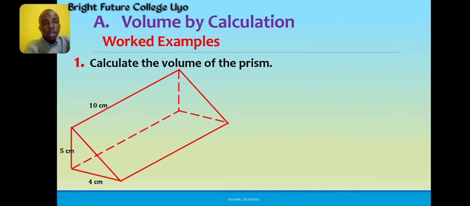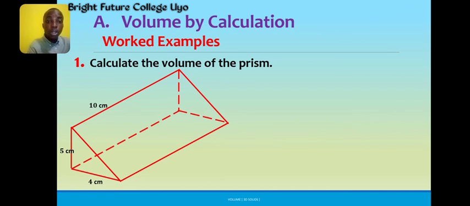So, in a prism, we have the two faces to be the same, the top and the base face. So I can make this one stand, resting on this face, and this other face will be up on top. So how do we calculate the volume of this prism?